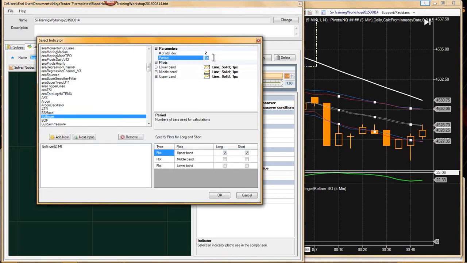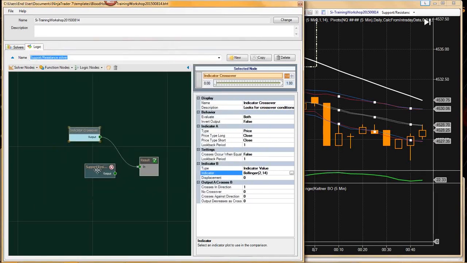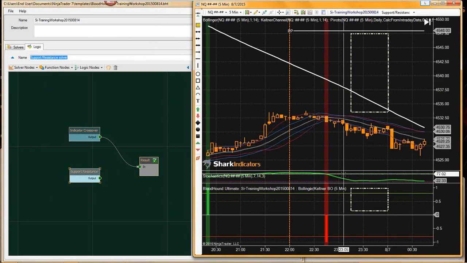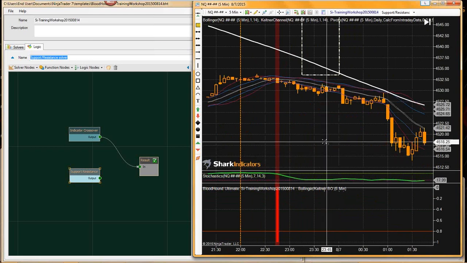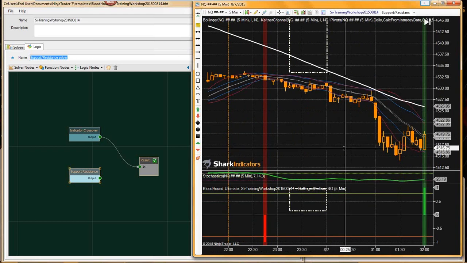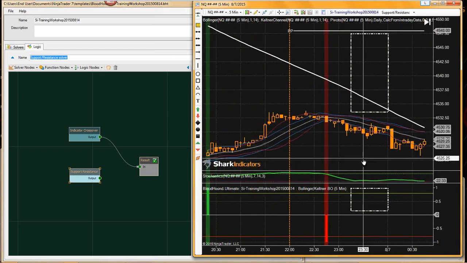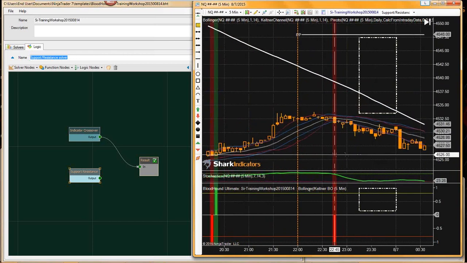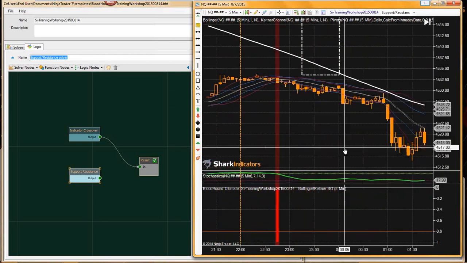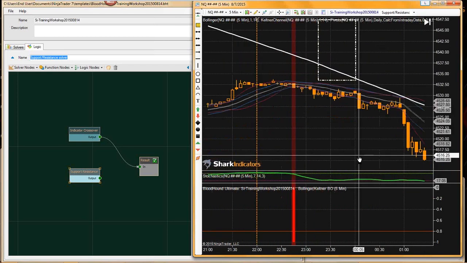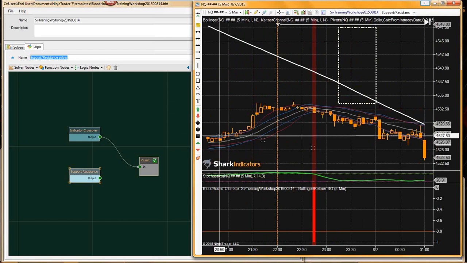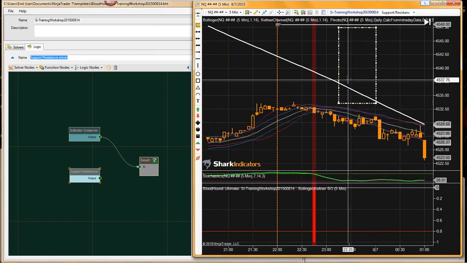So yeah, we'll just use a 14 period. We're going to use the midband, like so. Interesting. I thought I had a crossover there, but actually the closing price didn't cross. Let's see, the high price crossed. I was hoping to generate some long signals here.